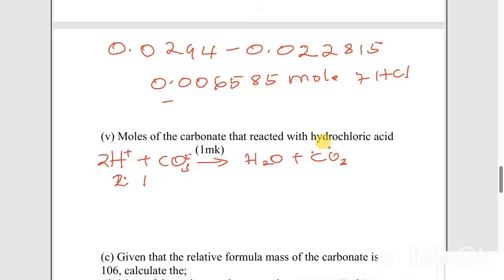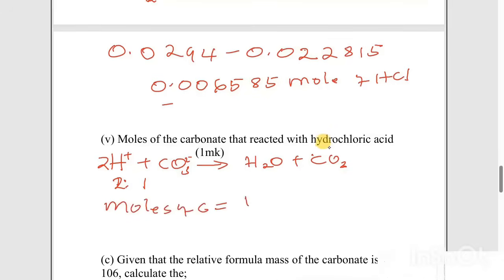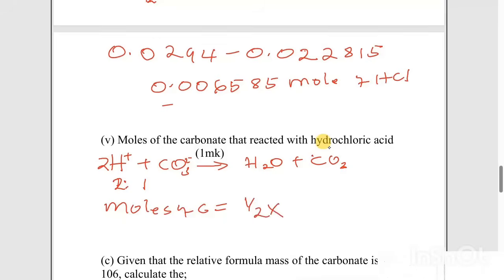But we have the number of moles of hydrochloric acid to be what? Because of the ratio 2 to 1, the carbonate is going to have half of the number of moles. Therefore, moles of C, that is the carbonate, is equal to a half that of the acid, which is 0.006585.